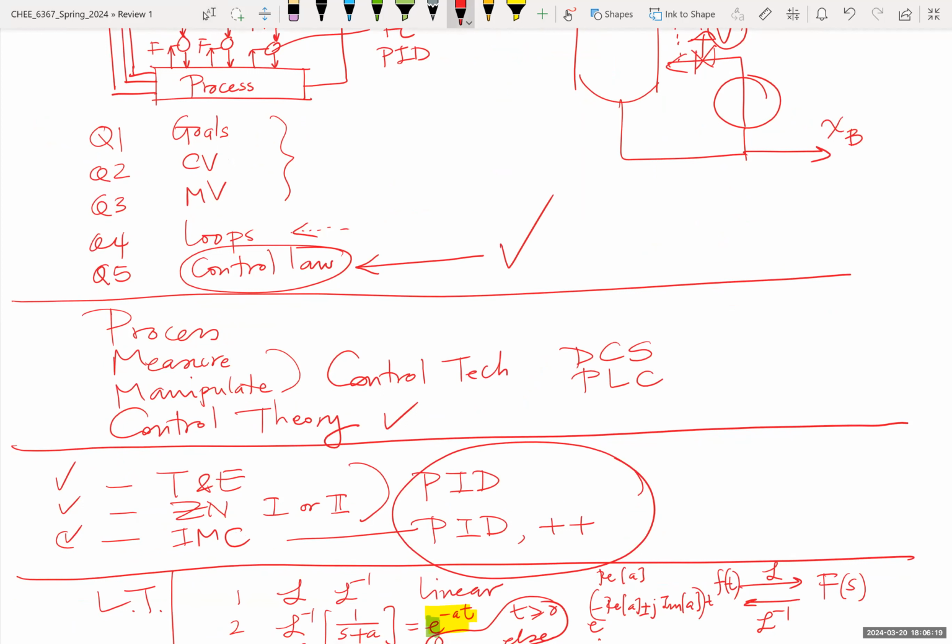Kc and tau I. That's controller tuning. For PID in particular, I showed you these two papers lumped into one that have about a couple of hundred tuning rules for PIDs. Those are not needed. There are minor differences between them, and just a couple of them is going to be good enough for you to do the job.